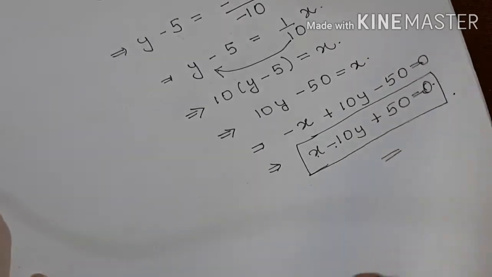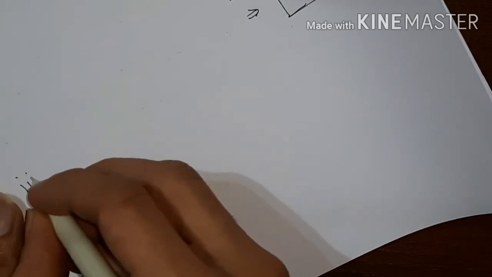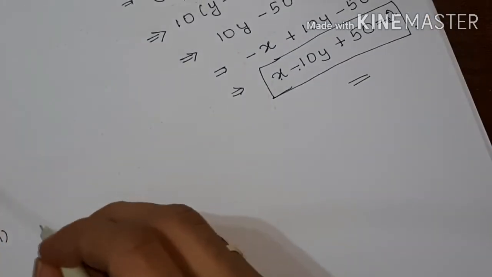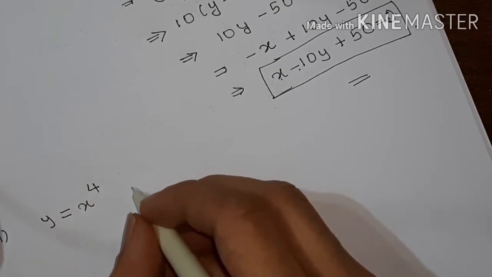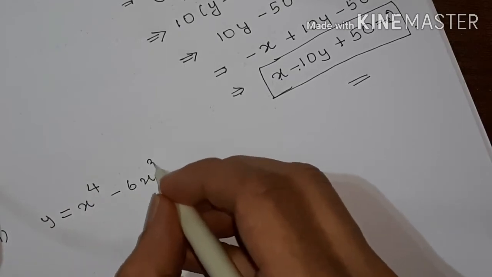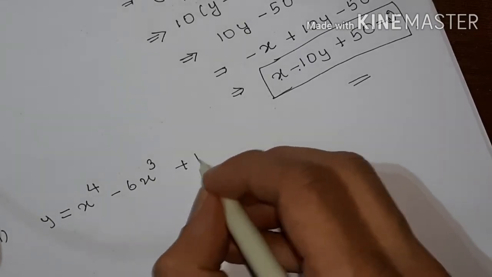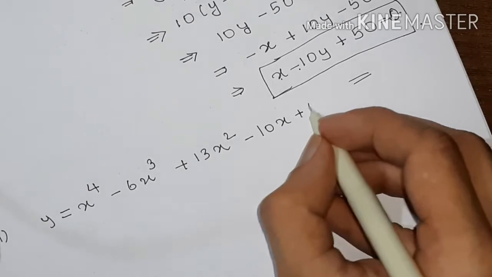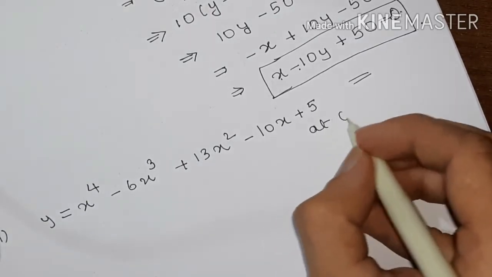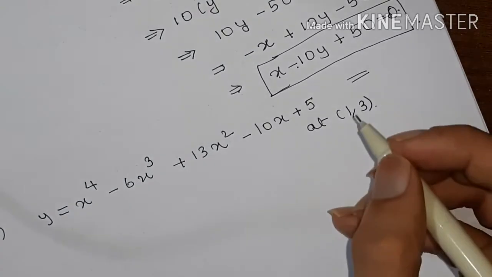Now that was the first problem of the 14th. Now let us go to the second. The second is y equal to x raised to 4 minus 6x cube plus 13x square minus 10x plus 5 at 1 comma 3.